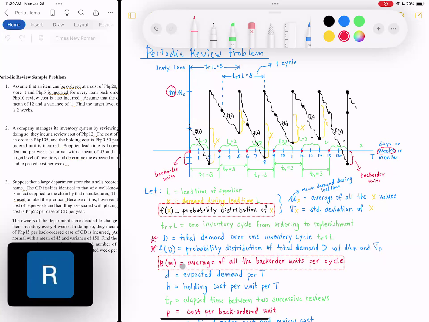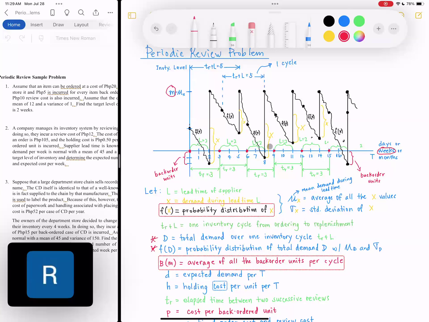Now, let's go to BM. BM, in your PowerPoint, is the expected number of backorder units. In this diagram, you will see that there are some cycles where you have backorder units, like in this cycle and this cycle. But in some cycles, there are no backorder units.